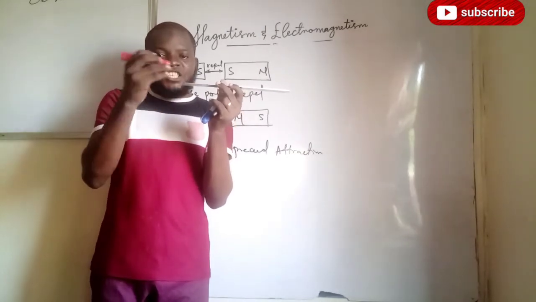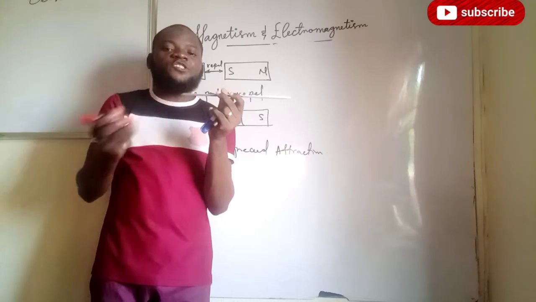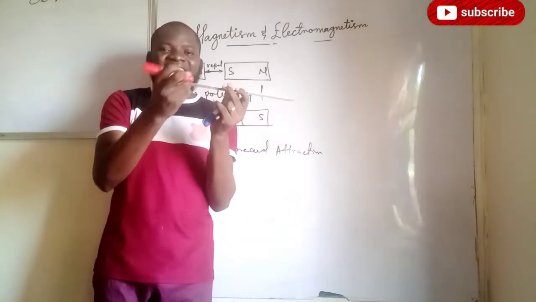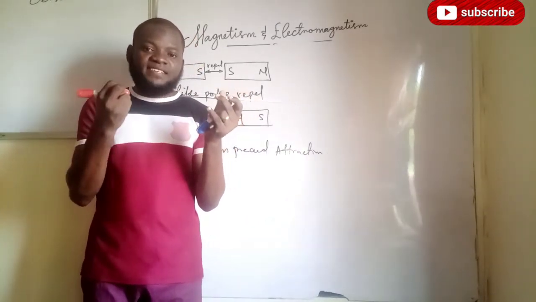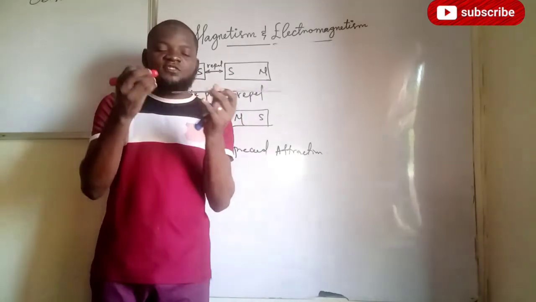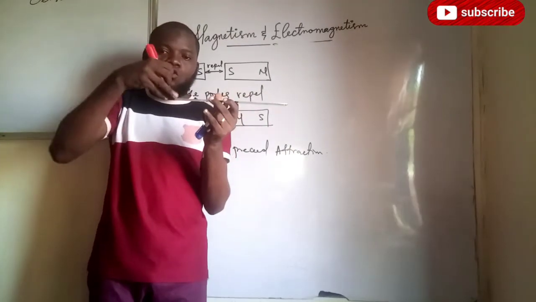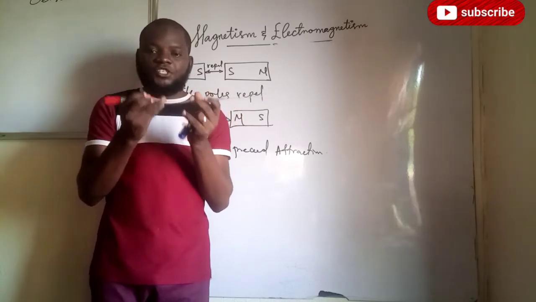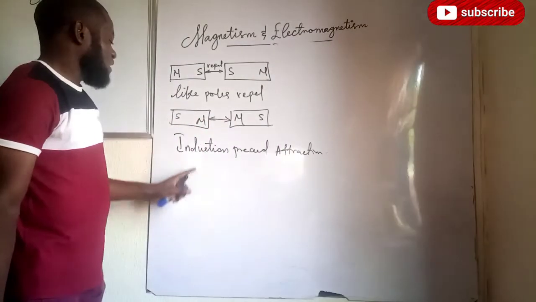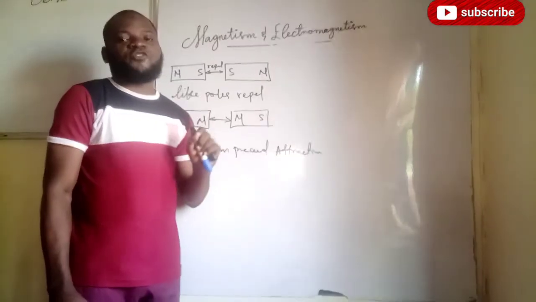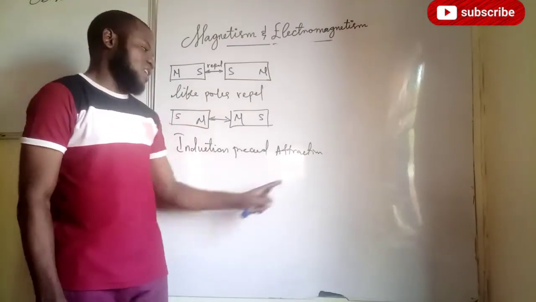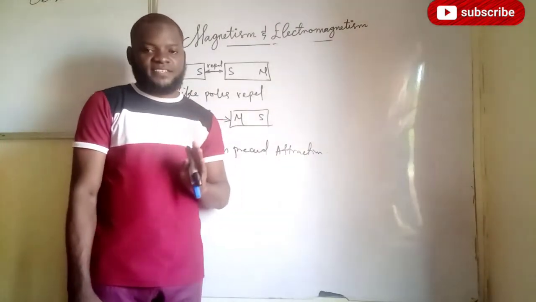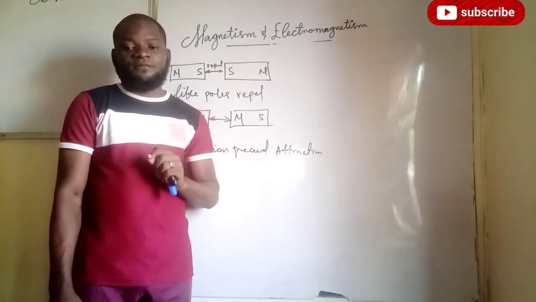That induced opposite pole is what is going to come before it can attract. Am I making sense now? So, if this is north, this north pole will induce a south pole on this magnetic substance. Then they attract each other. That is why we said induction precedes attraction. If there is no induction, attraction would not take place. Do we understand this now?